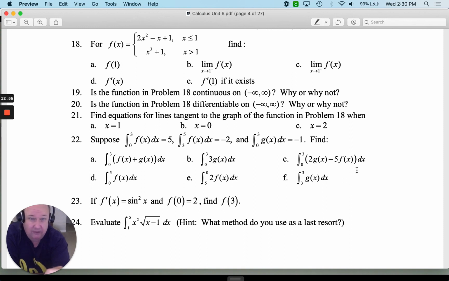Put it all together: negative 2, negative 25, right? 5 times 5 is 25. So negative 2 take away 25, I think it's negative 27. It is. D. From 0 to 5, f of x. Well, from 0 to 3, it's 5. From 3 to 5, it's negative 2. So from 0 to 5, combine these together: 5 take away 2.